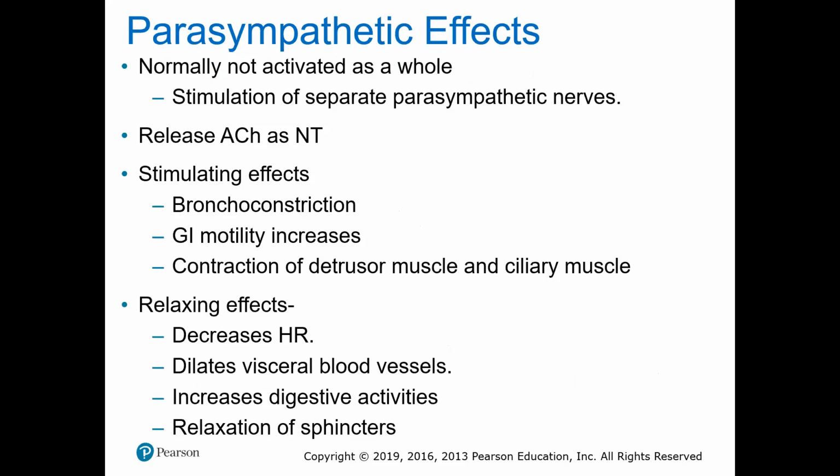Now, the parasympathetic responses are not going to be, as they say, a systemic effect, because we're going to be doing different things to different organs at different times. We have different outcomes of using our parasympathetic neurotransmitter. For example, while we normally think of the parasympathetic side as relaxed and taking it easy, we're going to be using acetylcholine.